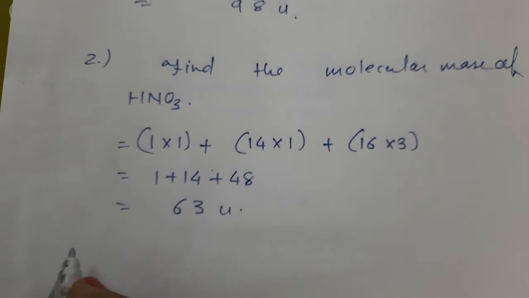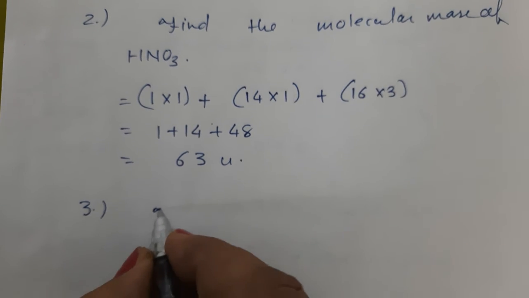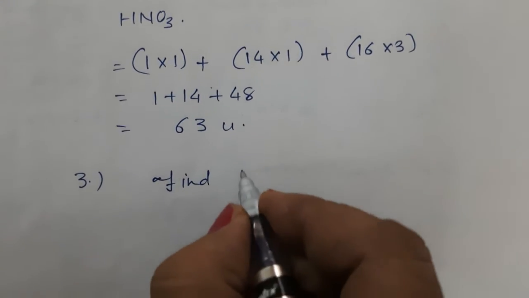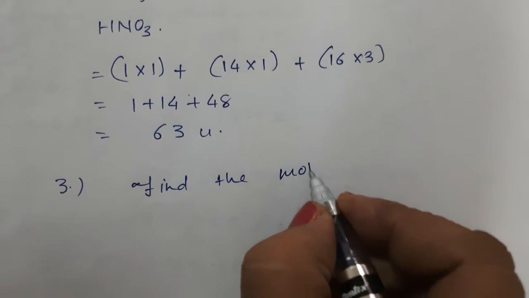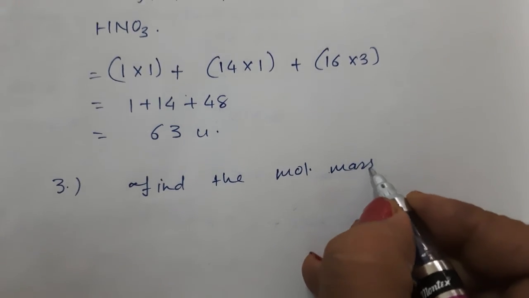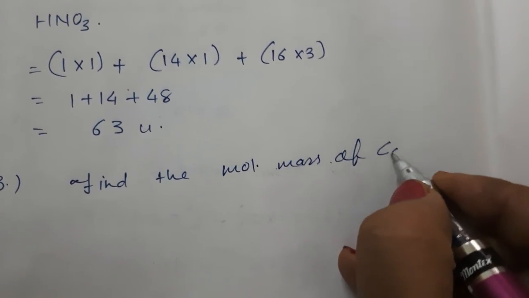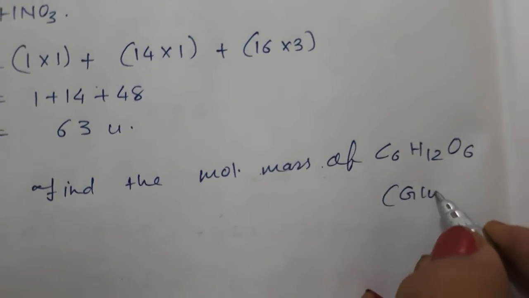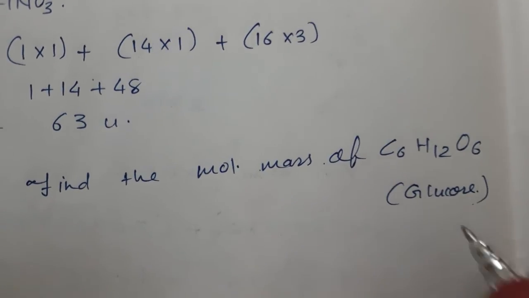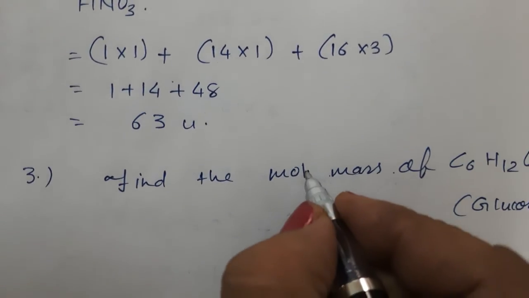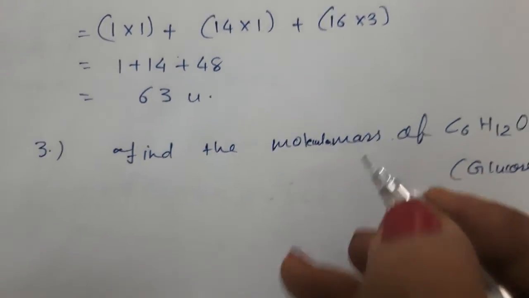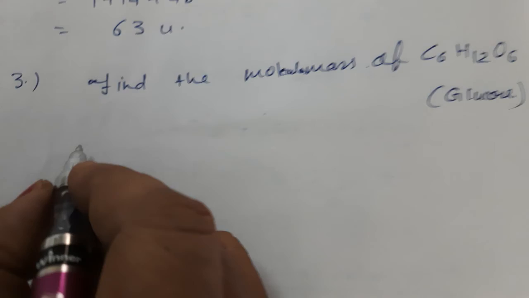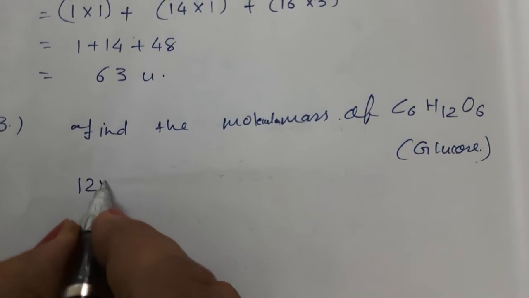One example is given in our book, that is find the molecular mass of C6H12O6, that is glucose, okay, or fructose. Fructose also has the same formula. So molecular mass, I will write here C6 means 12 into 6.